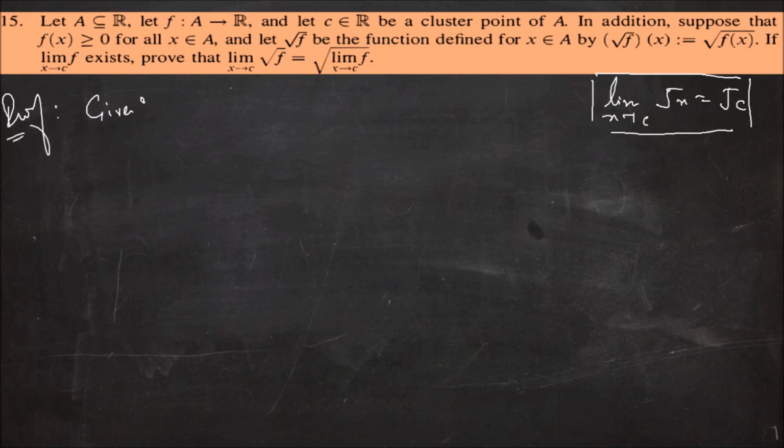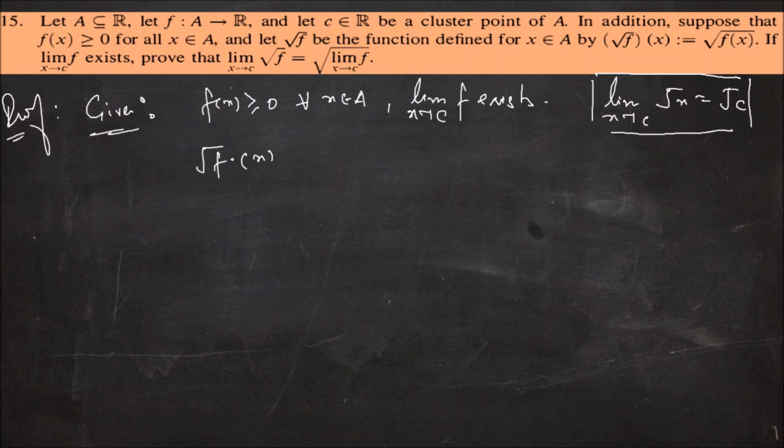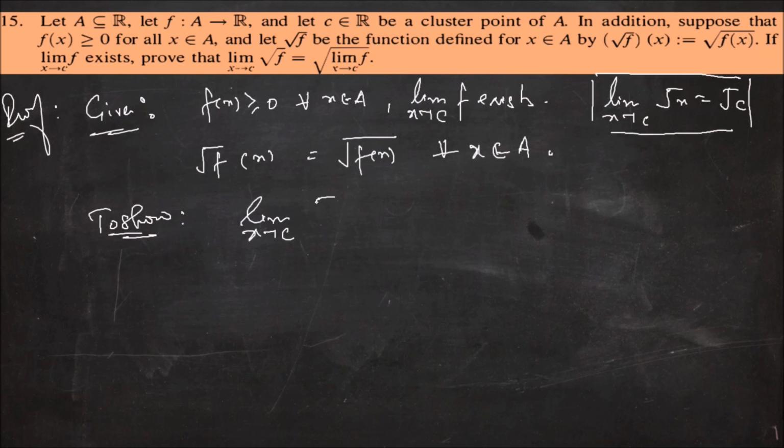So given is fx is greater than or equal to 0 for all x belonging to A, limit x tends to c f exists, and root f of x is equal to root fx for every x in A. To show: limit x tends to c root f is equal to root of limit x tends to c f.